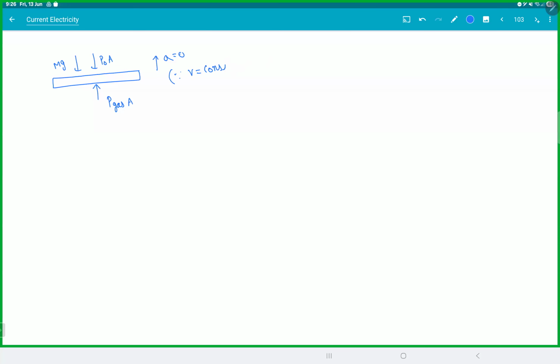If v is not constant, this problem would have been very messy. You will get differential equations. So we get P gas equal to P naught plus mg by A. And if you observe, this is constant. This is an isobaric process. The pressure never changes.